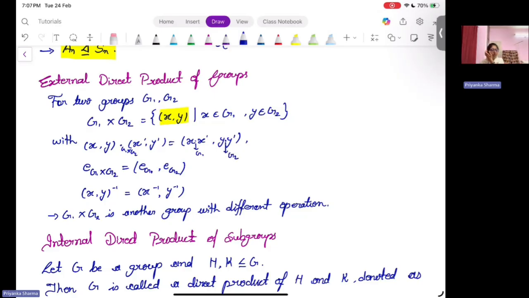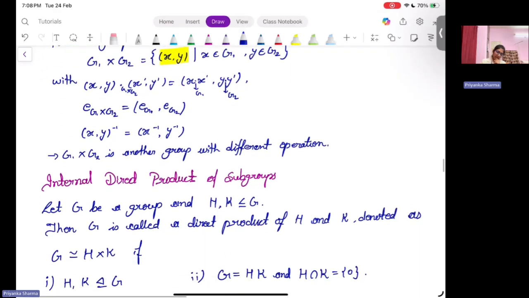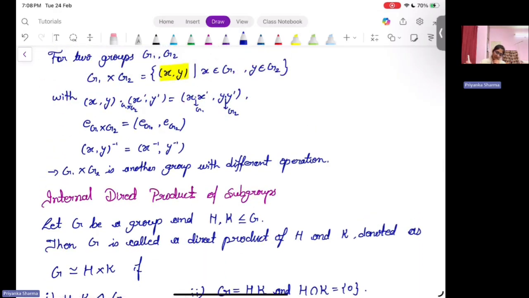So with the help of group operations of G1 and G2, we get another group operation for the group G1 cross G2. So this group G1 cross G2 is something different from the type of the group G1 and G2. And this is how we have the identity element and how we define inverse.